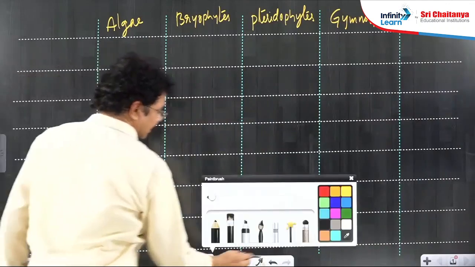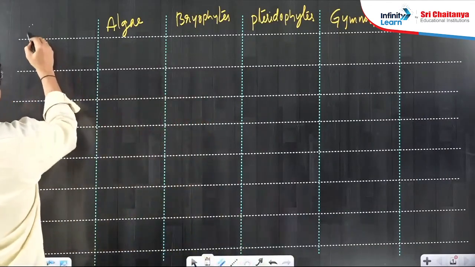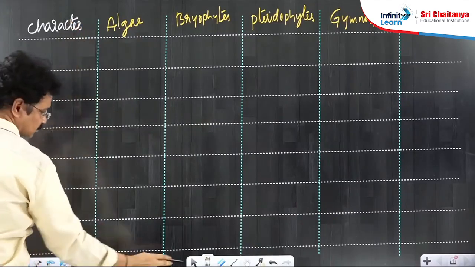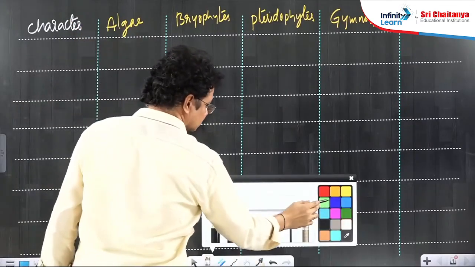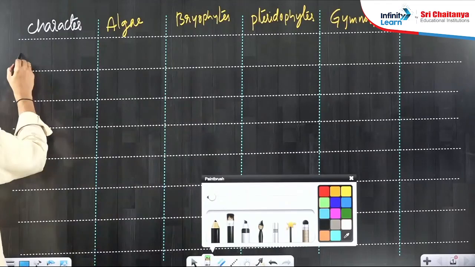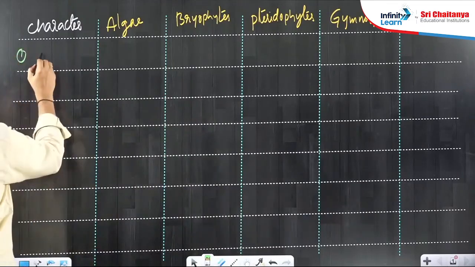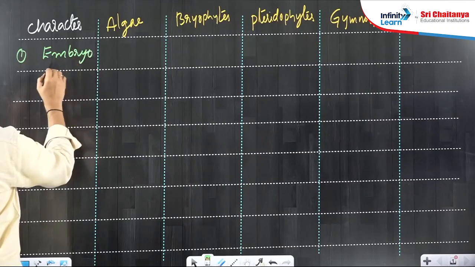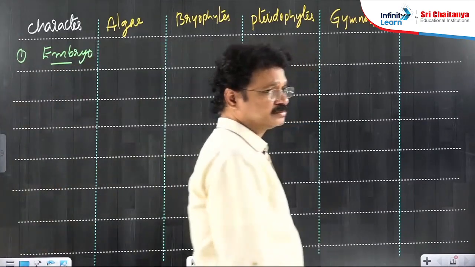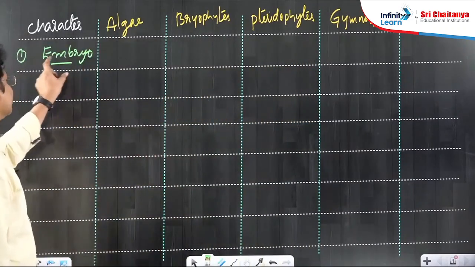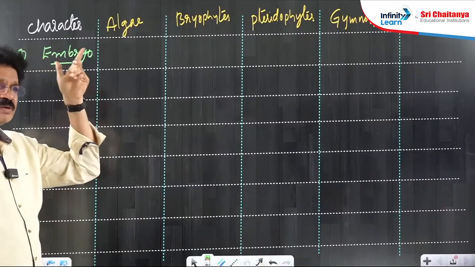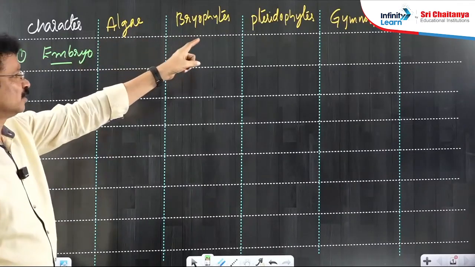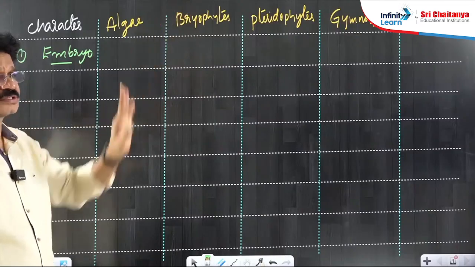In the first column, character or feature. Number 1, embryo is present or absent in the life cycle of every plant group. One question is ready. Embryo is found in. Question completed. Options: first option algae, second bryo, third pterido, gymno and angio are the 5 options.